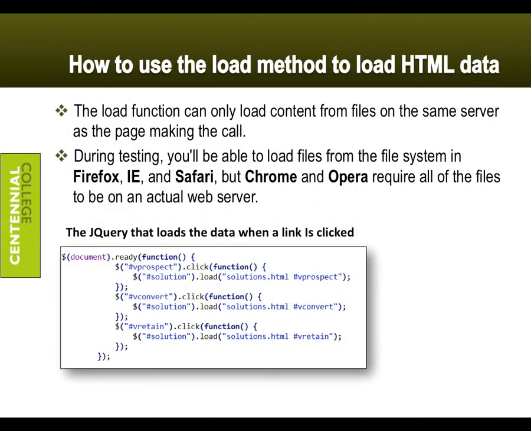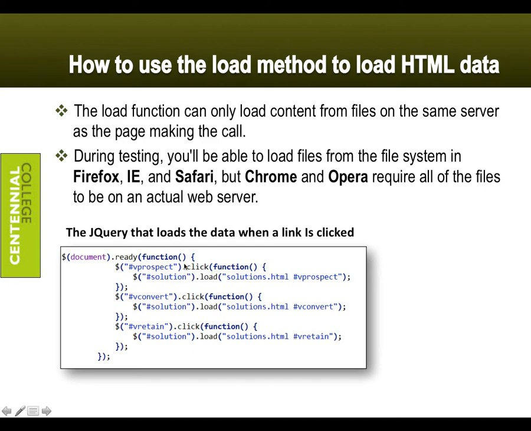So here's what it could look like. Here's my document ready, which would be when my file is ready, I want to have an event handler, a click function, and when I click on it, it's going to load in from my solutions file. It's going to load in a part of my HTML. I'm going to go in there because remember I can actually access an anchor tag. I can have more than one piece of content inside my solution.